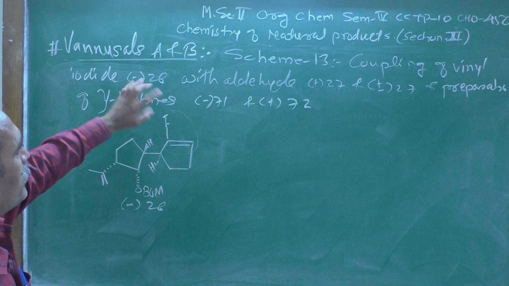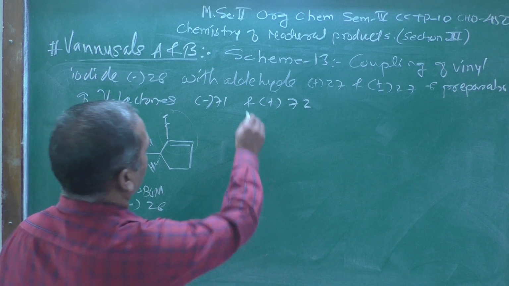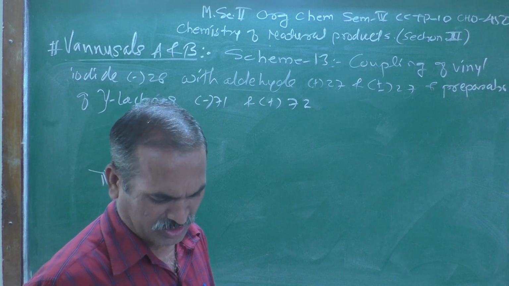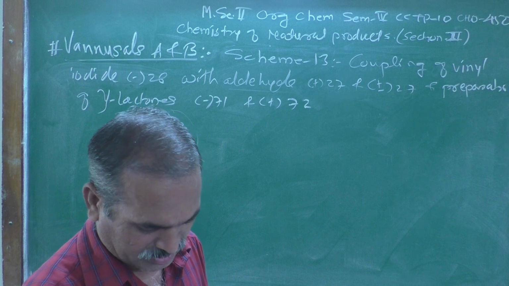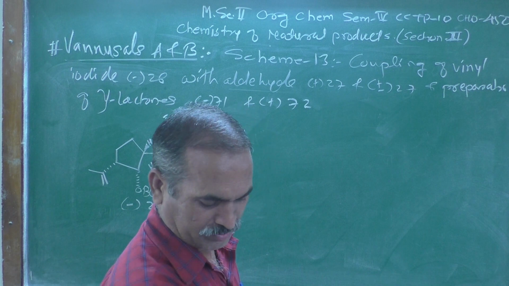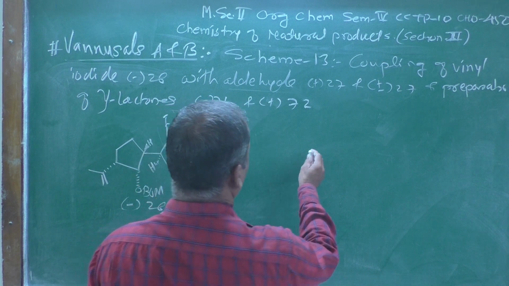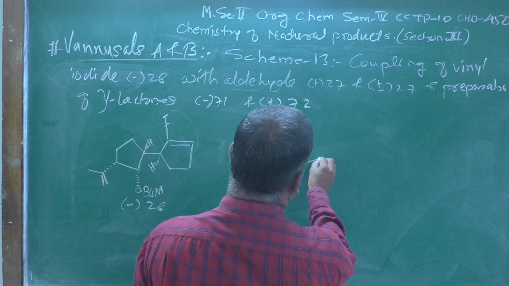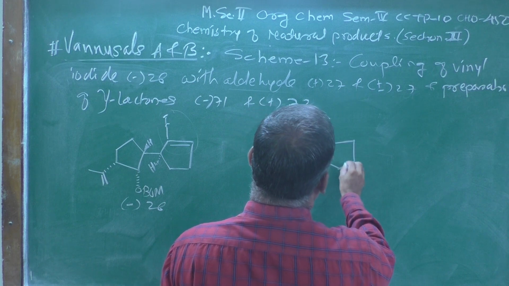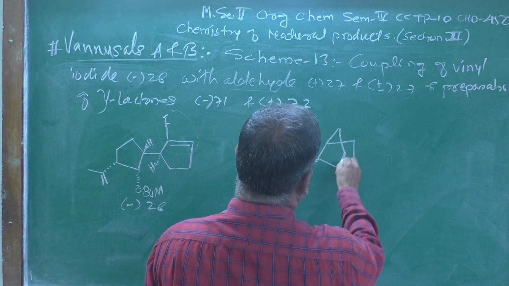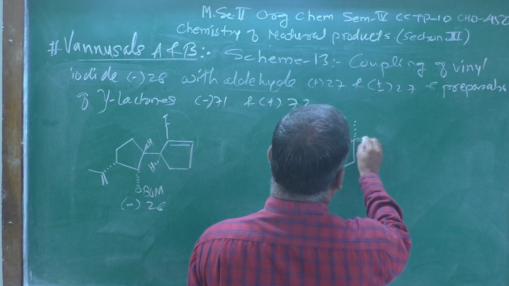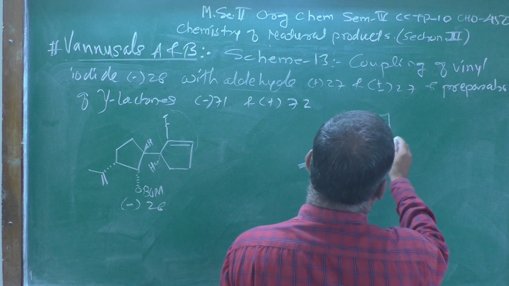This is the structure of -26 with aldehyde +27 and ±27. What could be that structure? That structure I am going to draw over here. Now, when these two structures are combined together, let us see the structure which I am showing over here. This is a 5-membered ring, further attached to that 5-membered ring, and immediately connected is another 5-membered ring.